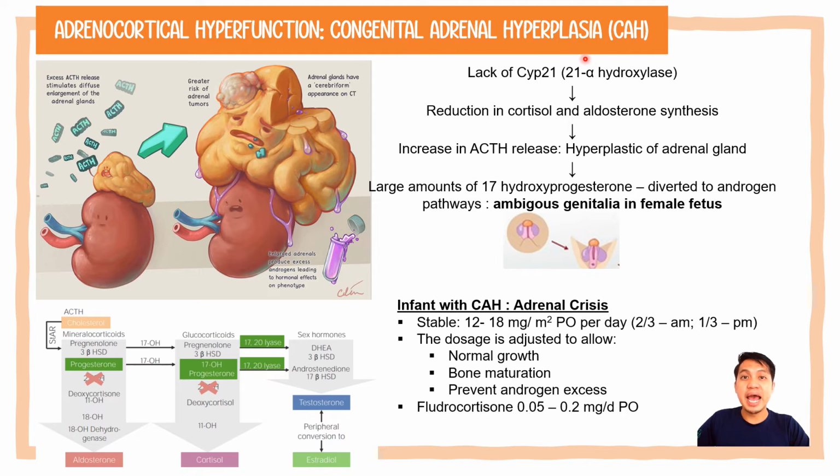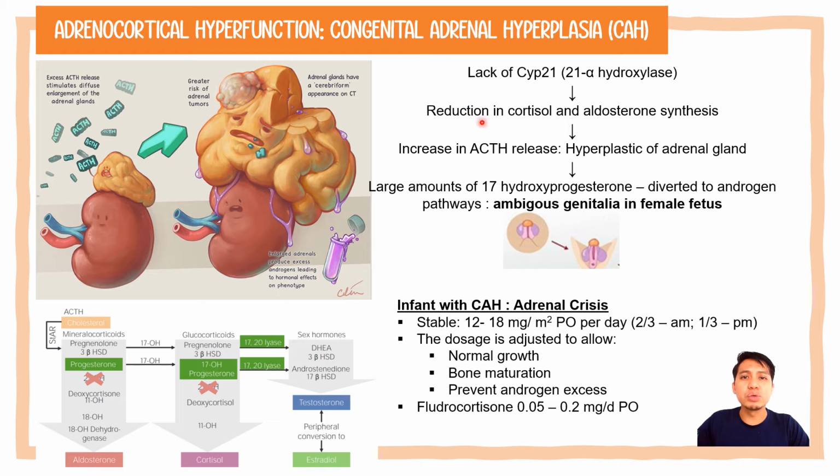Congenital adrenal hyperplasia is a condition characterized by deficiency of one of the enzymes needed to make cortisol and aldosterone. The most common defect is a decrease or lack of cytochrome P450C21, which is responsible for 21-alpha hydroxylase activity.